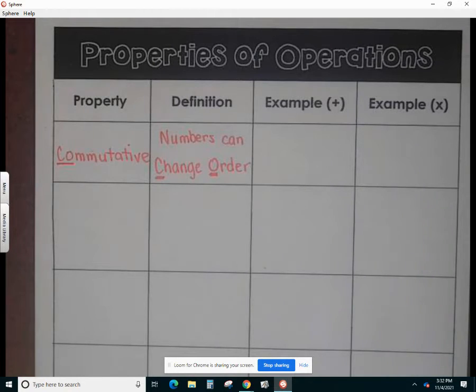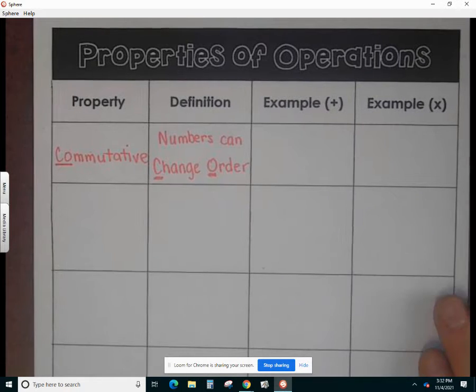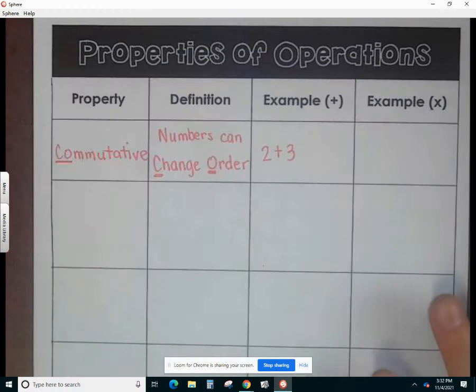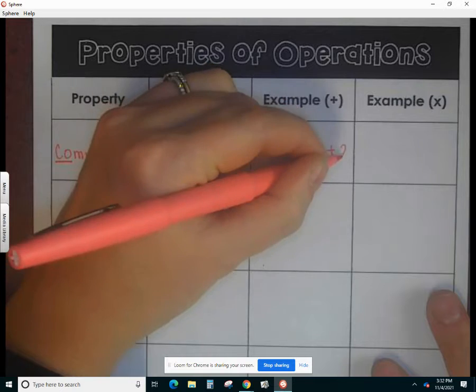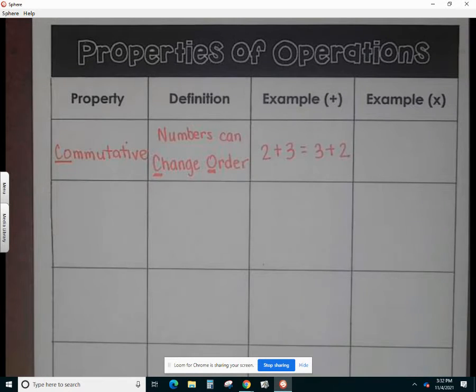Okay, so in the commutative property, this can work for addition and it can work for multiplication. 2 plus 3. I could say 3 plus 2, and that's the same thing because 2 plus 3 equals 5, but so does 3 plus 2. So the commutative property just says that if I switch around the order of numbers, as long as I'm adding, then I'm going to get the exact same thing.